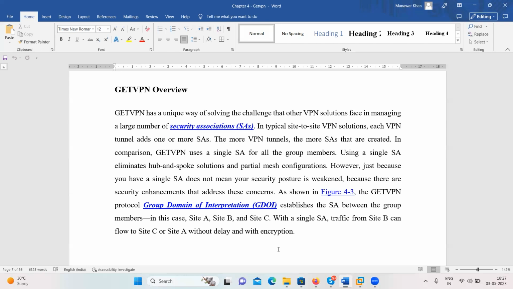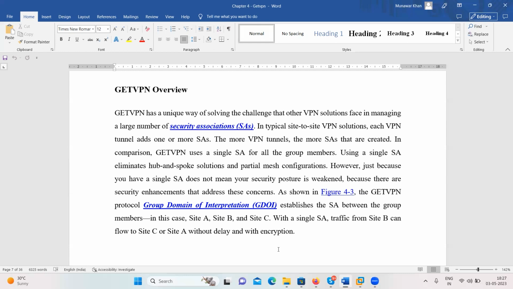Same way, when we talk about GETVPN, there is a very important protocol that participates in this, called Group Domain of Interpretation, that is called GDOI. GETVPN, Group Encrypted Transport VPN over an MPLS network, with a very important protocol called GDOI, Group Domain of Interpretation.